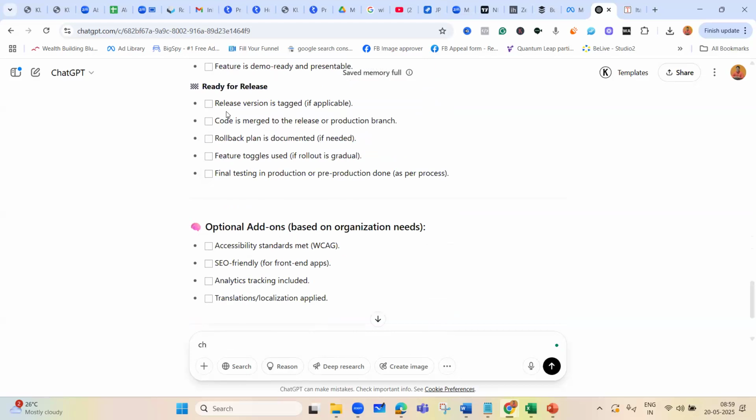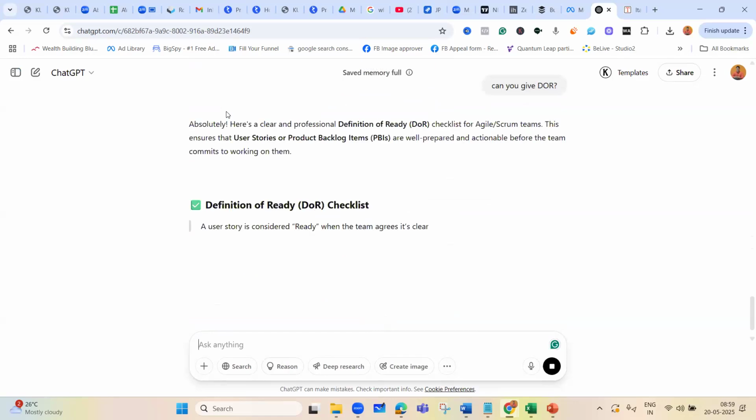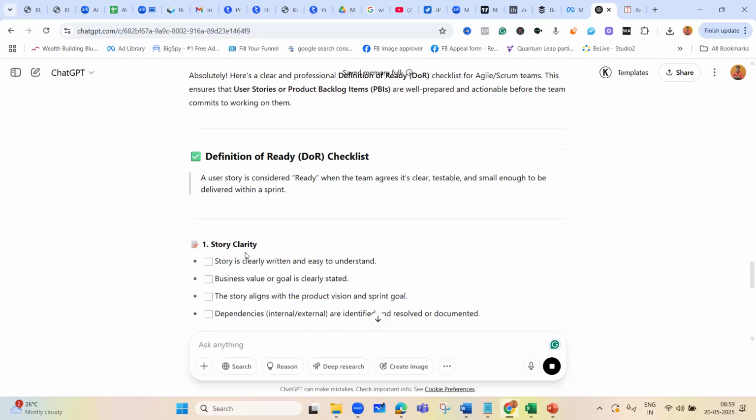Can you give me DOR? See, always definition of done or definition of ready will be in your project, always it will remain same. Slight 1% of change would be there depending upon the nature of the software, whether it is e-commerce software or it is application.